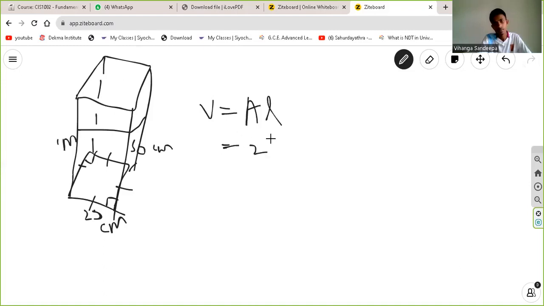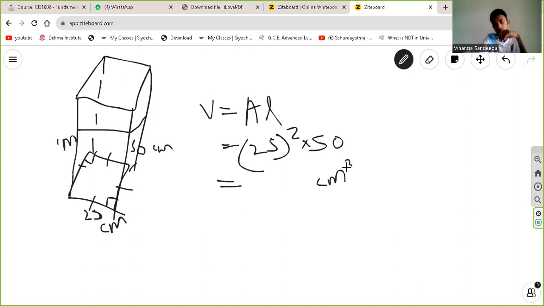25 to the power 2 means area of cross section. Perpendicular height 50 centimeter. Answer is given in cubic centimeters.